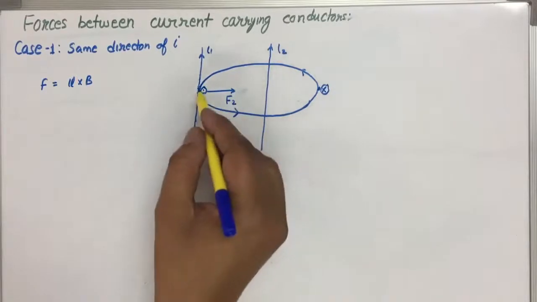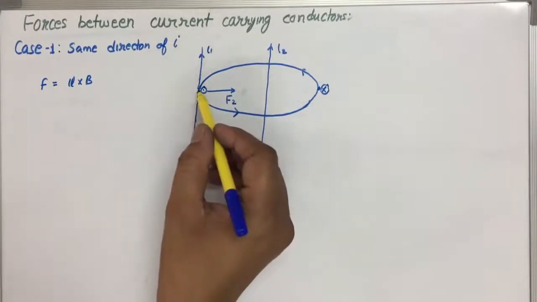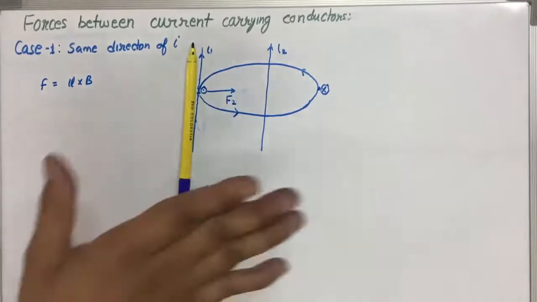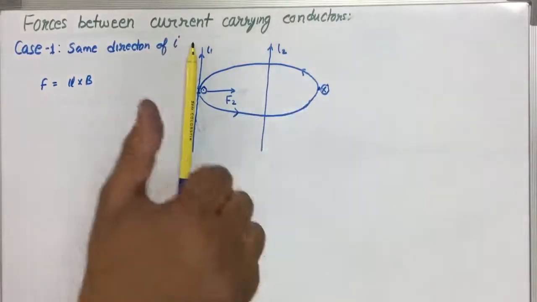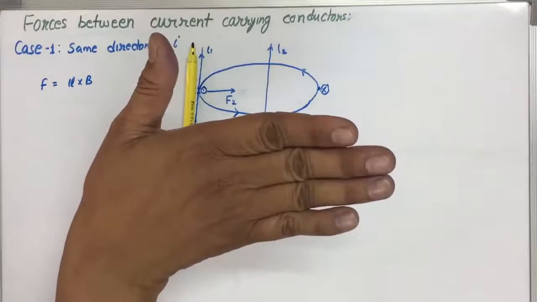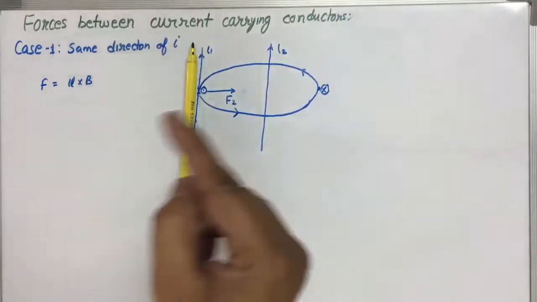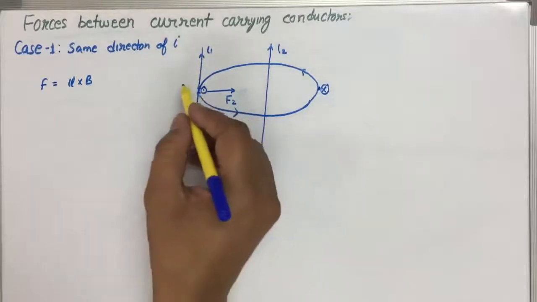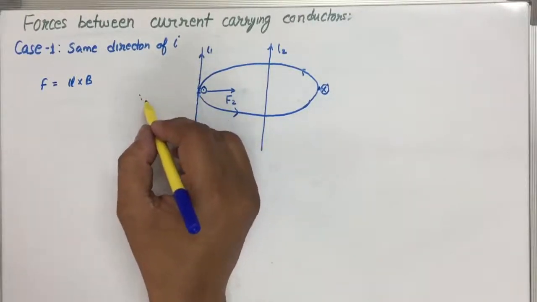Similarly, the current is flowing in the same direction. The current is like this, and if we curl our fingers, the circular path following it will be the magnetic field.